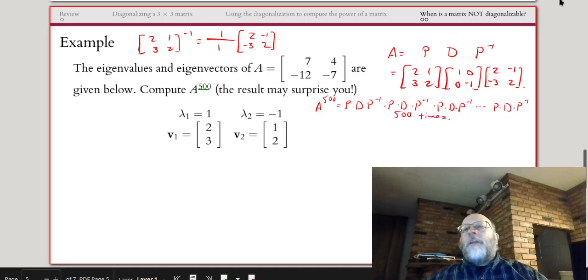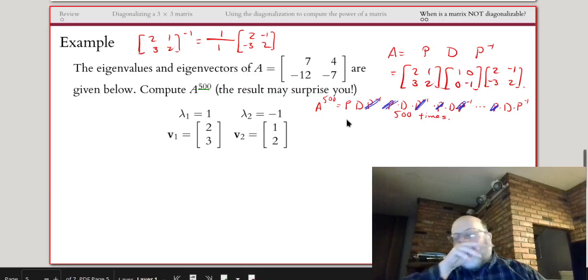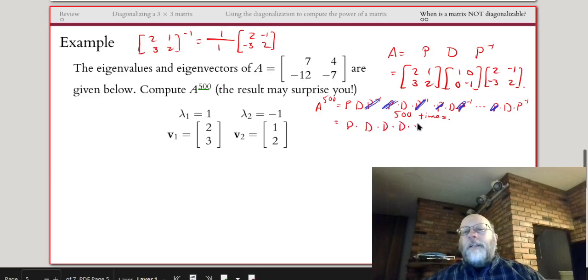But one of the things that we know is that any time that P inverse and P are next to each other, they cancel. The P and the P inverse on the outside don't cancel because they're not next to each other. And so this is just the same thing as P times D, D, D, D, 500 times.